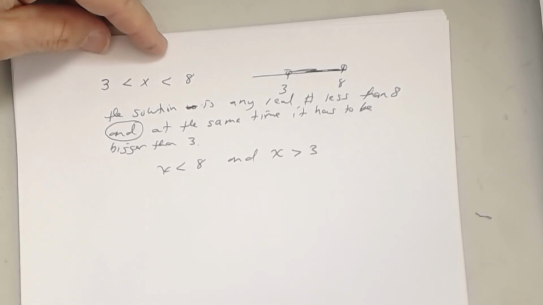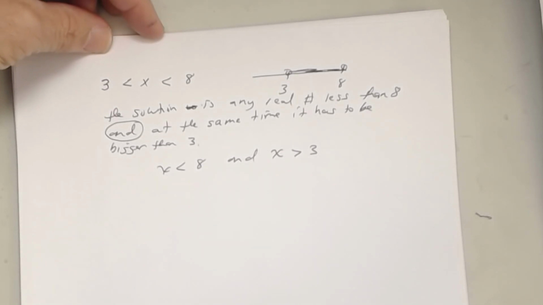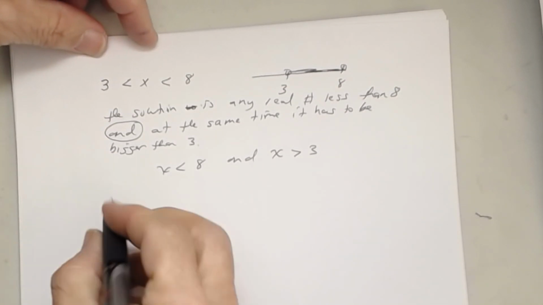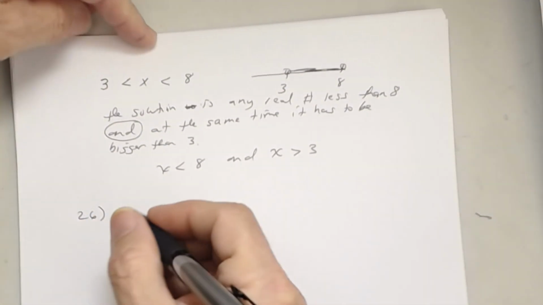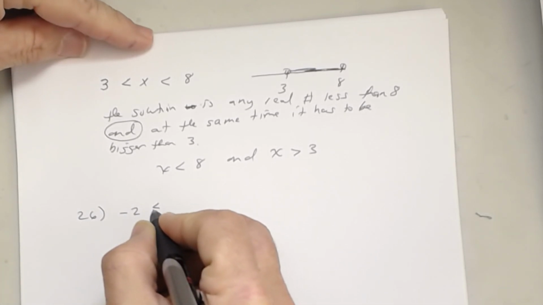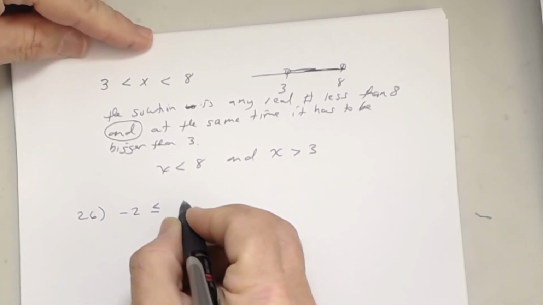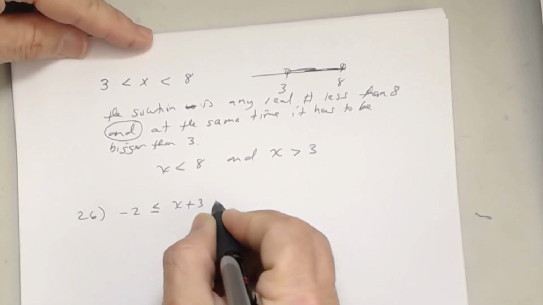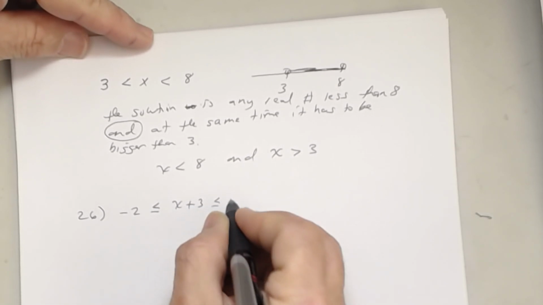Now, let's look at number 26. It looks like this. Negative 2 is less than or equal to x plus 3, which is less than or equal to 0.